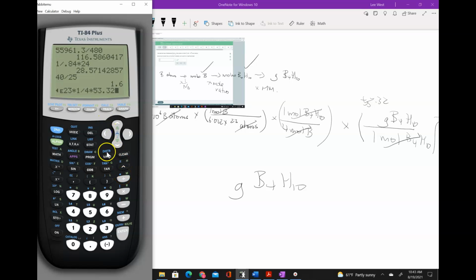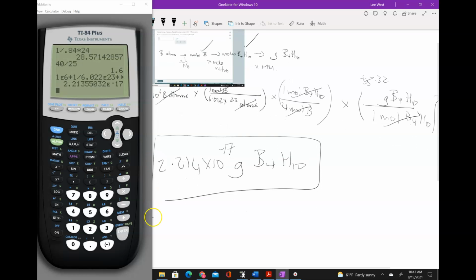And you don't have to put the divide 1 if you don't want to. You can, it doesn't make any difference, right? So there we go. And then to 4 significant figures, 2.214 by 10 to the minus 17 grams.